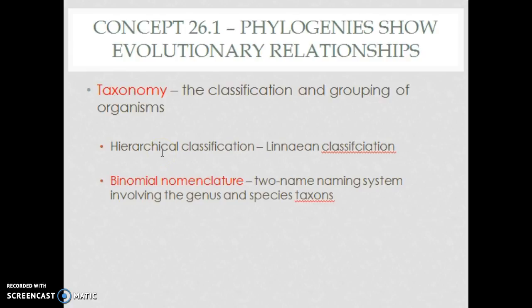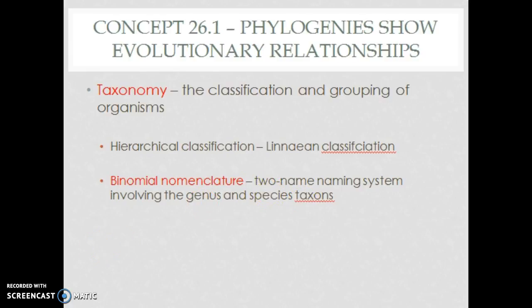And we talked about this briefly. We'll look at an image on the next slide. And it incorporates a naming system for all living things called binomial nomenclature, another thing that we spoke of. So it's assigning each living thing a two-part name using the genus and species taxons.